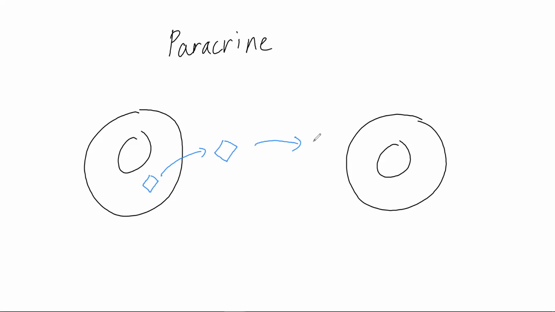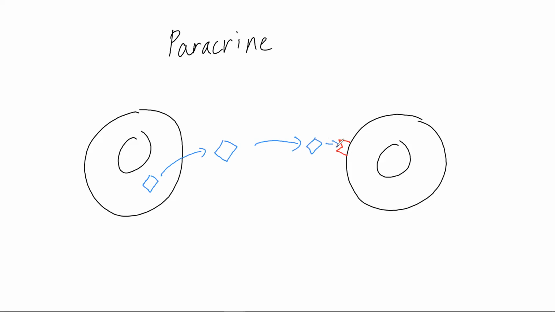This ligand is going to make it all the way over here. And then its neighboring cell will have a receptor that matches, and the ligand will meet. This is paracrine. There's some distance, but it's not that far. Does that make sense?